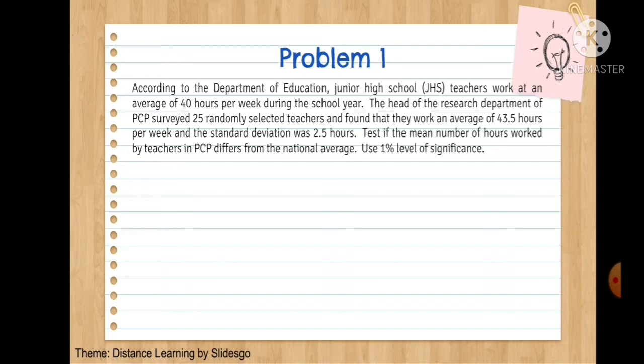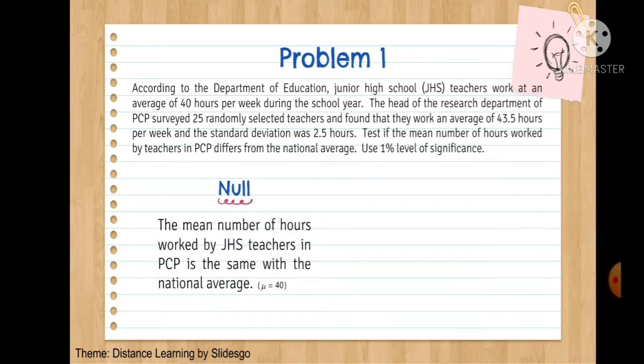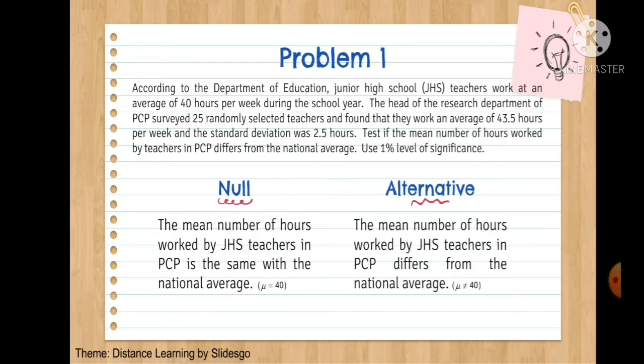Our null hypothesis is the mean number of hours worked by the JHS teachers in PCP is the same as the national average, or the mean is equal to 40, while the alternative is the mean number of hours worked by JHS teachers in PCP differs from the national average, or the mean is not equal to 40.